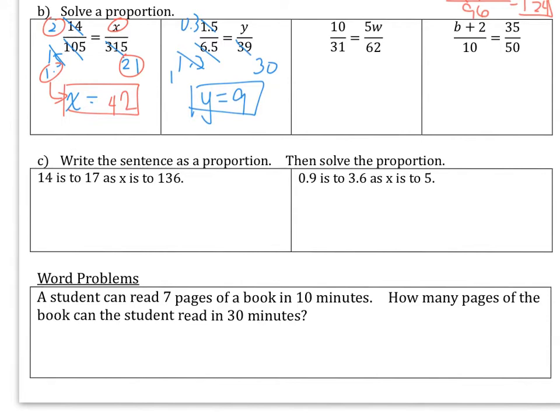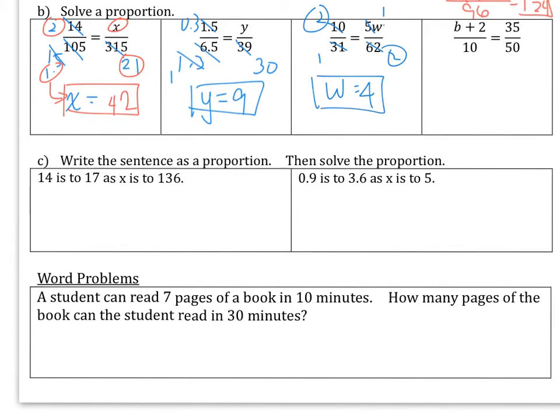And for this one, I could simplify 5 with 10. And then I could simplify 31 with 62. And cross multiply. W times 1 is W. 2 times 2 is 4.